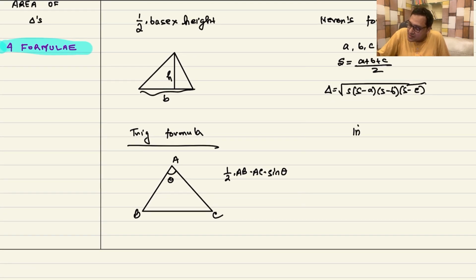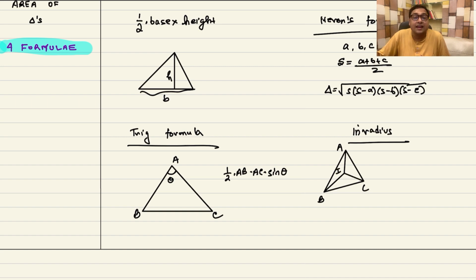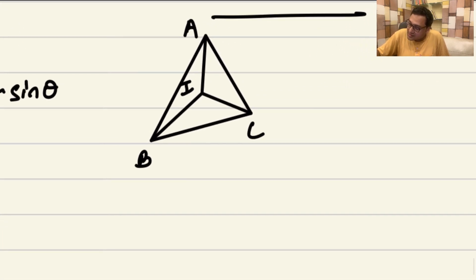And finally, you have the in-radius formula. If you have a triangle ABC, and the angle bisectors meet at the point I, the in-center, and you drop a perpendicular from here, this is the in-radius R, then you can find the area of the triangle, delta.